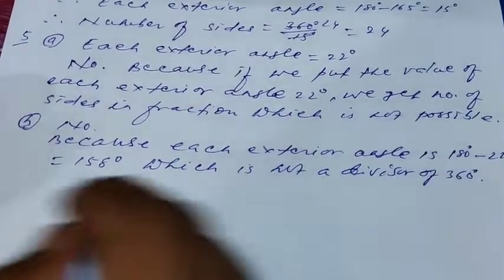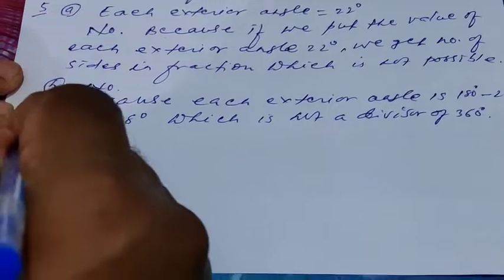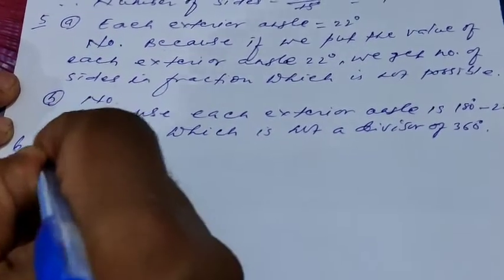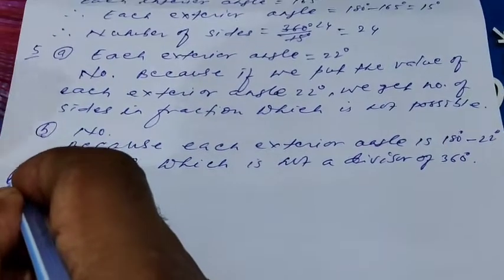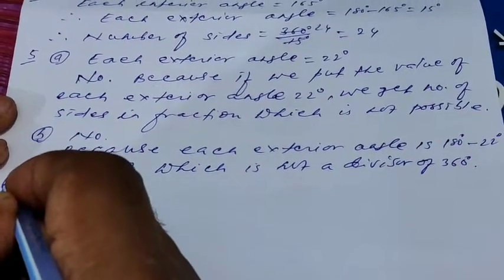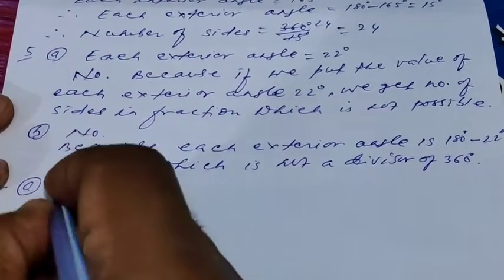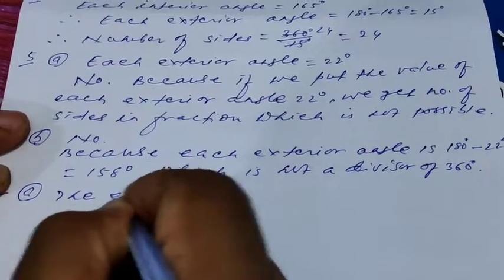Now question number 6. In question number 6A, what is the minimum interior angle possible for a regular polygon and why? Your answer is the equilateral triangle.